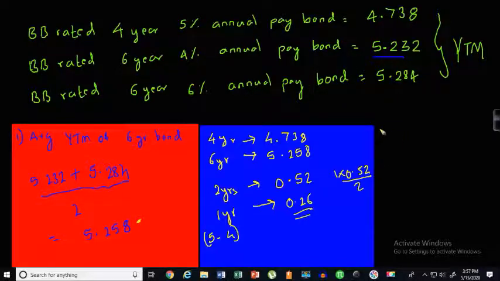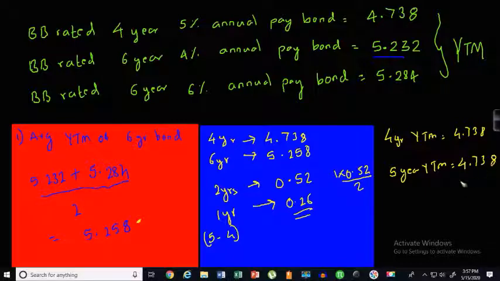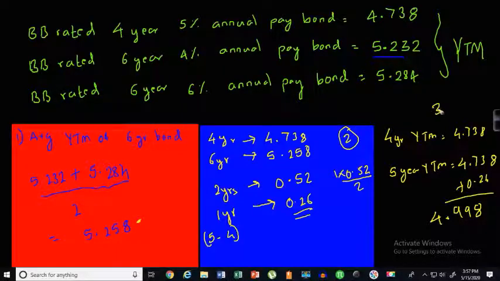So 4-year YTM is 4.738, so the 5-year YTM would be 4.738 plus 0.26, which is nothing but 4.998. That's it. This was my first step, this is my second step, and this is my third step.